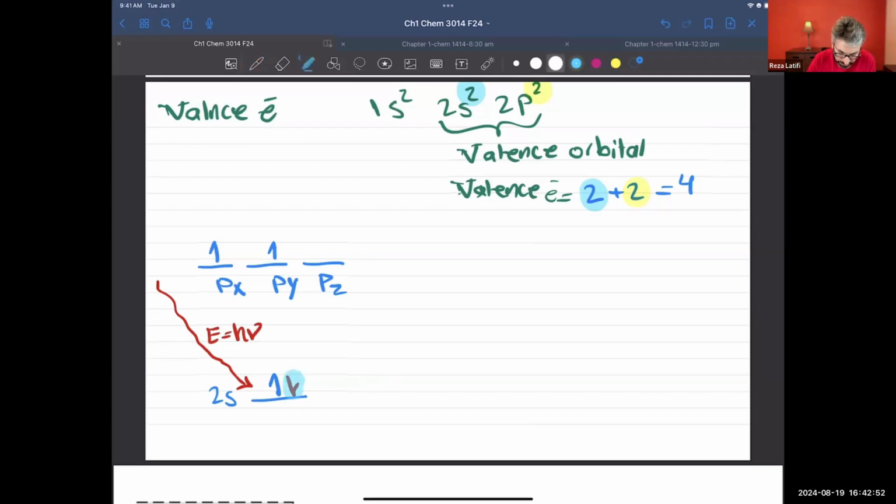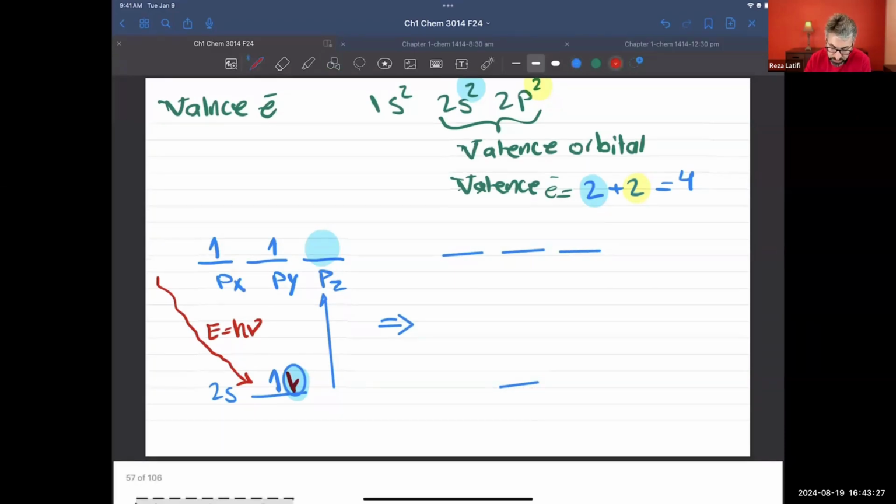The electron that I'm highlighting, I'm going to send it to the first empty orbital, and also flip the spin. So we send this electron to a higher orbital. And I will get, again, 3 orbitals of p, and the s orbital stays as it is.